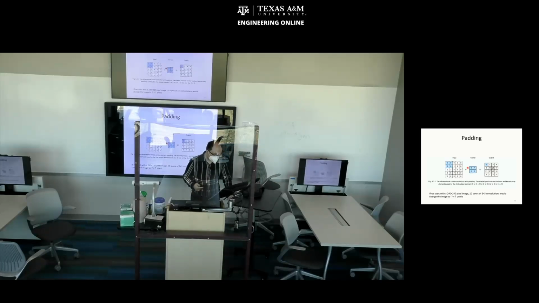So the question is the following. If we start with 240 by 240, and then we use 10 layers of a 5 by 5 convolution, in the end, what's the size of the output image? If you know what convolution is doing, any volunteers?